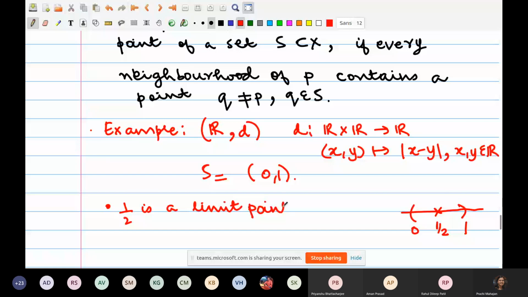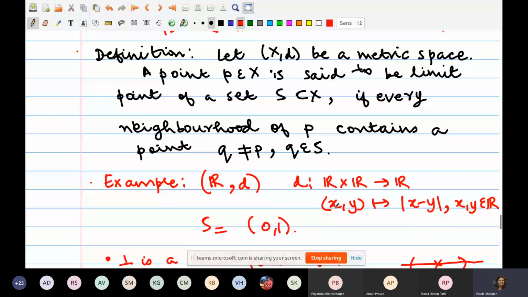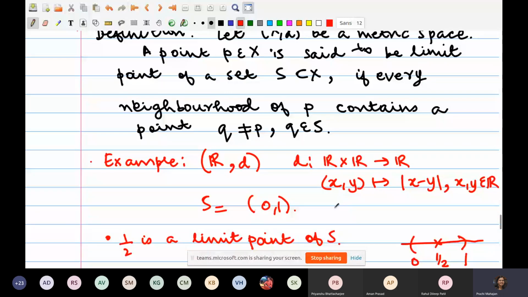Why is it? Let's go back to this definition. What does it say? The real number half will be a limit point of this open interval (0, 1) if every neighborhood of half contains a point Q of the interval (0, 1) different from half.